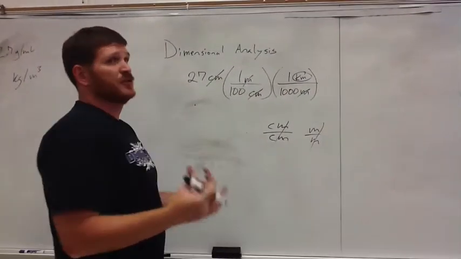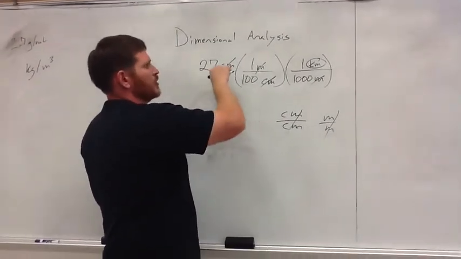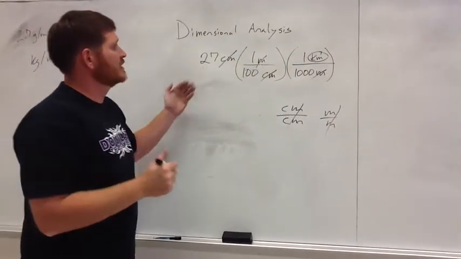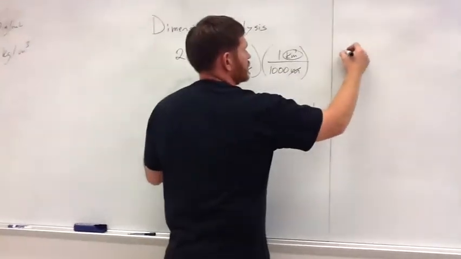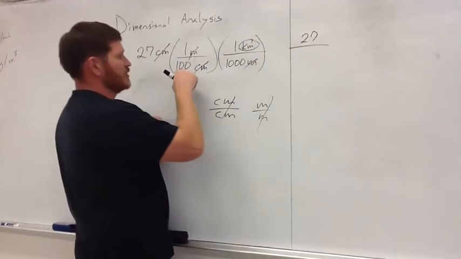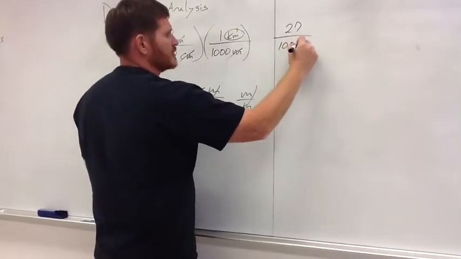Now I have to do the math part, and this is where it gets really simple. We're not doing a whole lot. All we're doing is multiplying straight across the top and dividing by the bottom. So if I look at this, I have 27, and I'm dividing by 1, 2, 3, 4, 5 zeros. 5 zeros would make it 100,000.